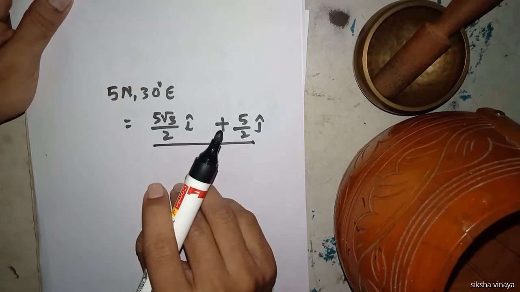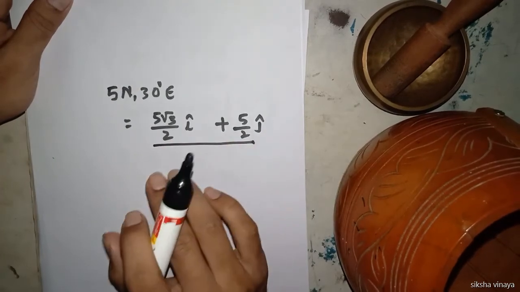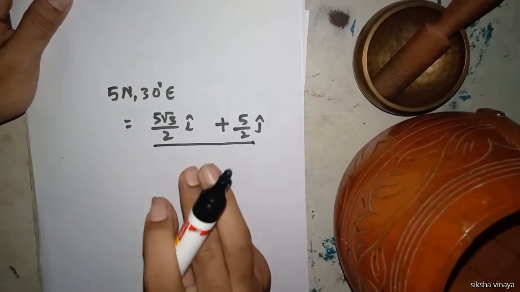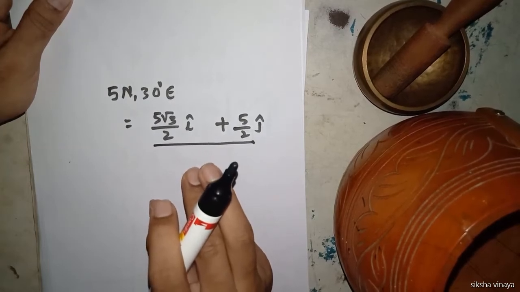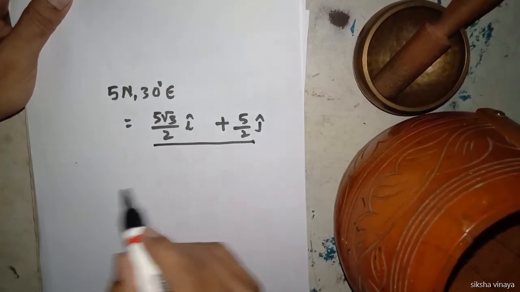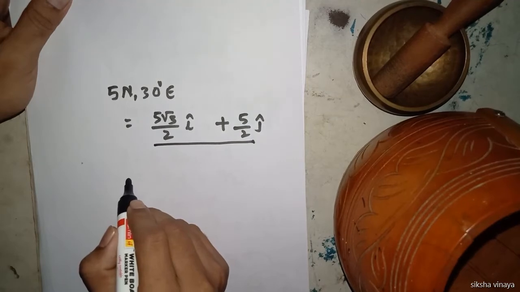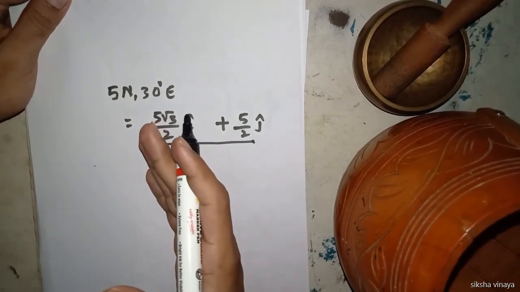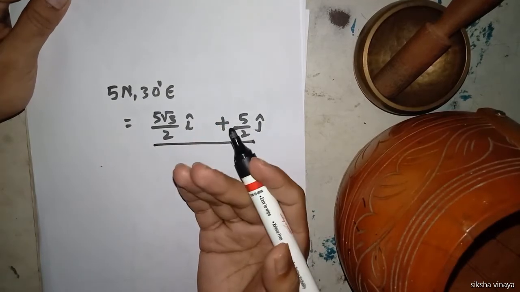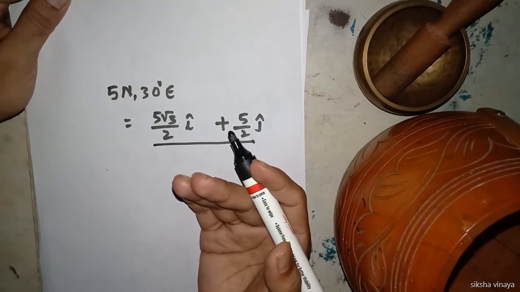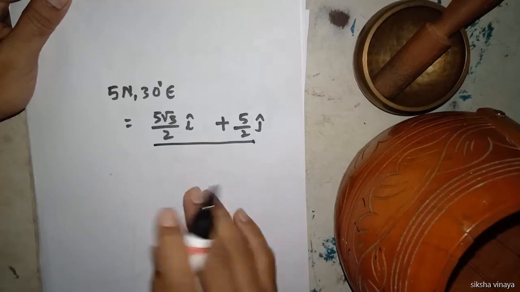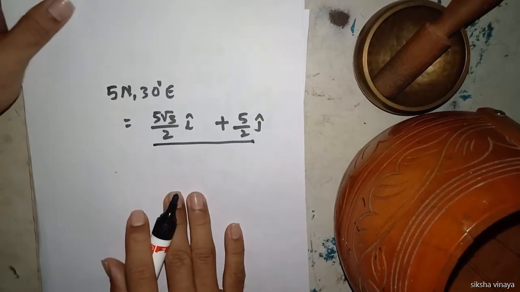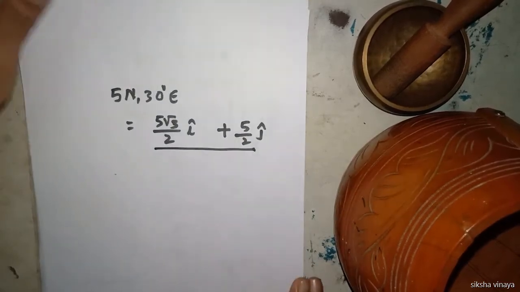So what I have said is that if you draw a parallelogram, then the diagonal gives you the actual value of your vectors. So if I take two vectors, then the diagonal will give the real answer. Have you got my point? So I give you some problems.